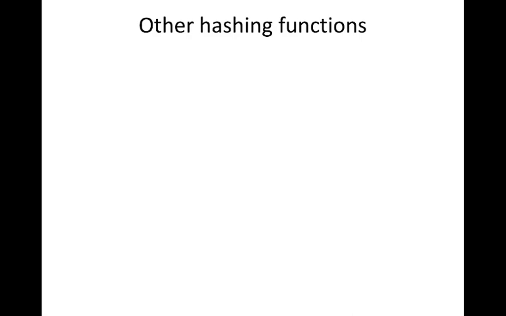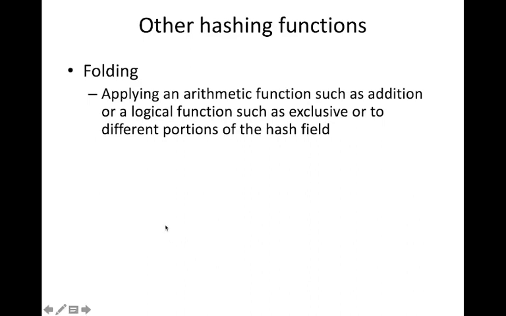We can have other hashing functions also. One of the other hashing functions is folding. Folding involves applying an arithmetic function such as addition, or logical functions such as exclusive or, to different portions of the hash field.